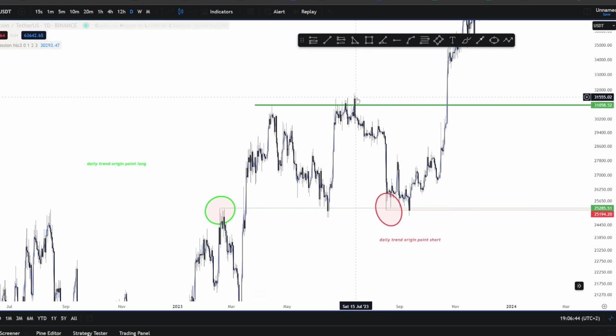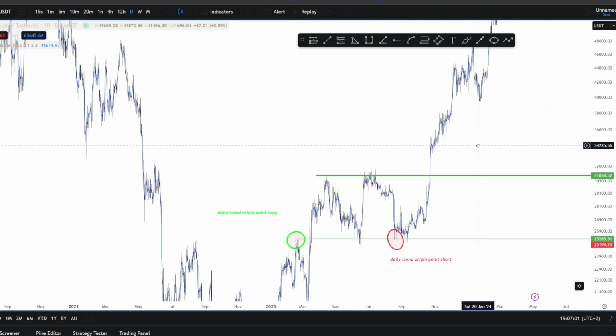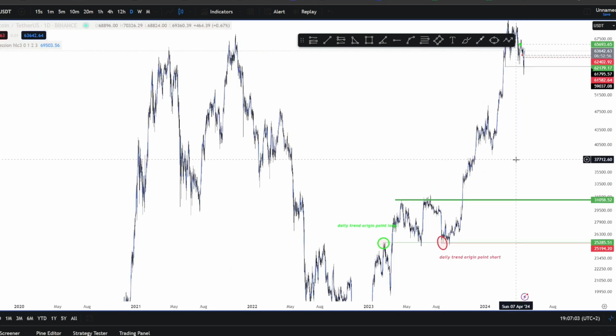Why? Because we have this structure break right here that has come from here, then one, two, then 3 right here. It was slightly broken through unsuccessfully and reversed immediately to start the bullish trend.